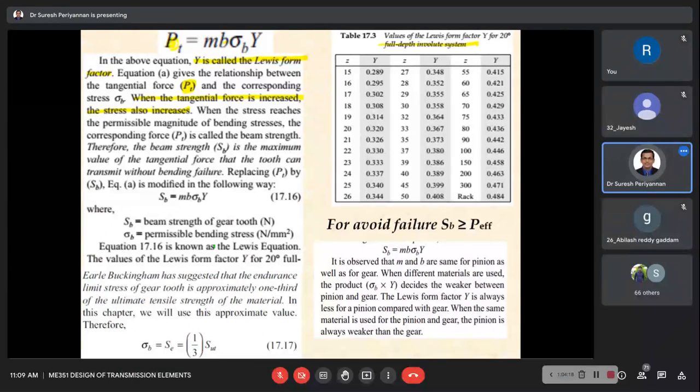Hence, based on that concept, I am increasing my tangential load up to the permissible stress value. I am increasing my tangential load PT for increasing the sigma B up to the permissible value.